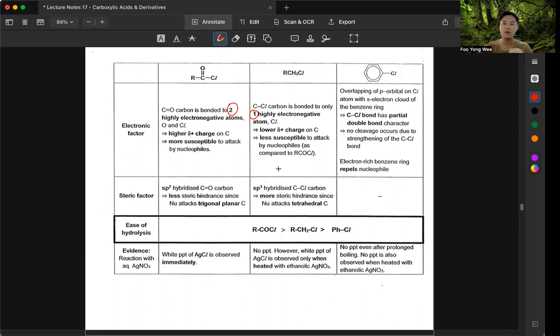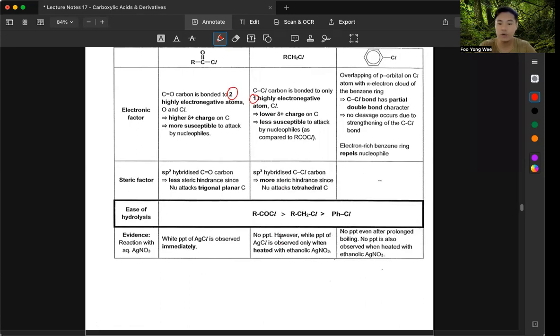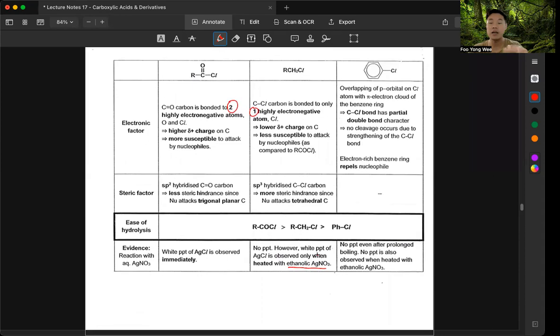It's more difficult for the nucleophile to attack, so there's only a certain orientation where the nucleophile can come in. So if you add silver nitrate, you will not see a precipitate immediately. But if you heat with ethanolic silver nitrate, then you should be able to observe the presence of a white precipitate. This is the only way you can see the white precipitate, which is the evidence that the halogenoalkane is less easily hydrolyzed by the water.